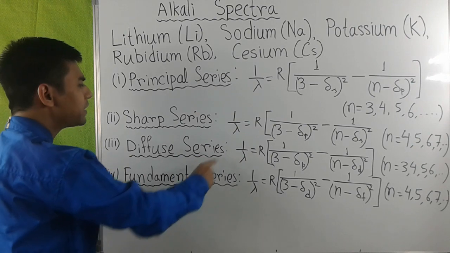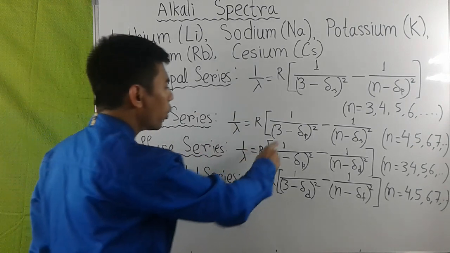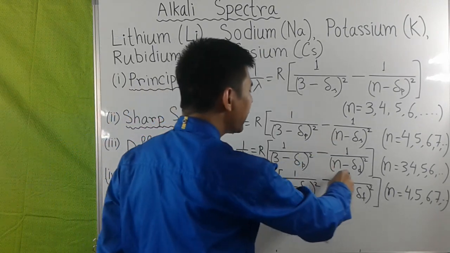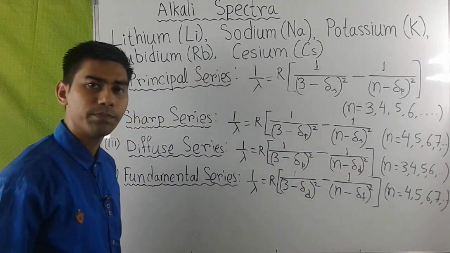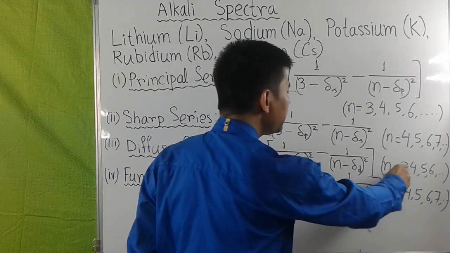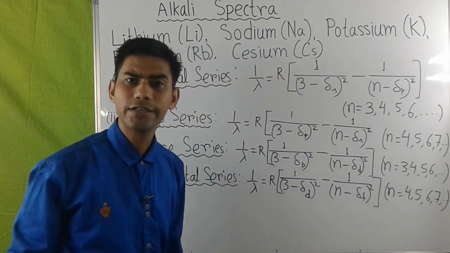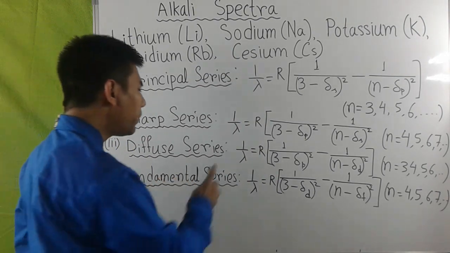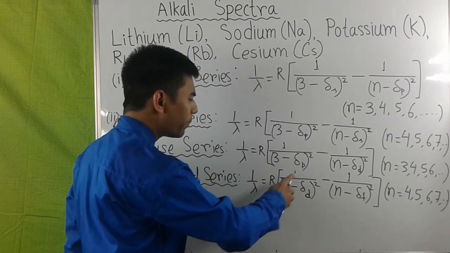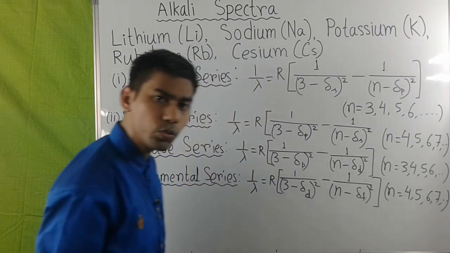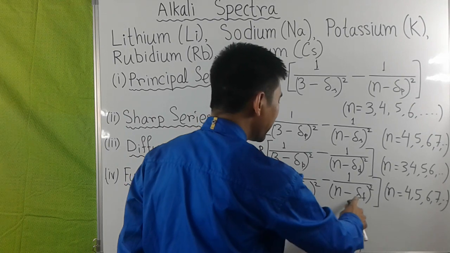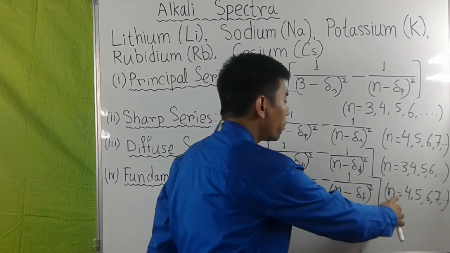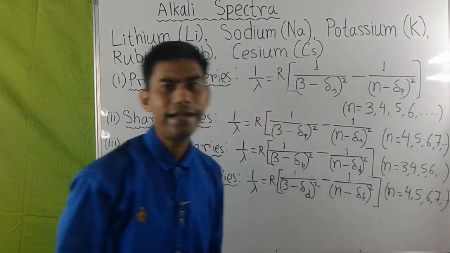For the diffuse series, 1 by lambda equals R times 1 by (3 minus delta P) square minus 1 by (n minus delta D) square, and n equals 3, 4, 5, 6 and so on. And for the fundamental series, 1 by lambda equals R times 1 by (3 minus delta D) square minus 1 by (n minus delta F) square, and n equals 4, 5, 6, 7 and so on.